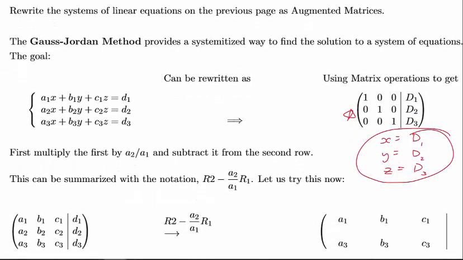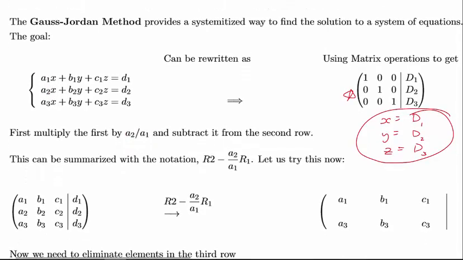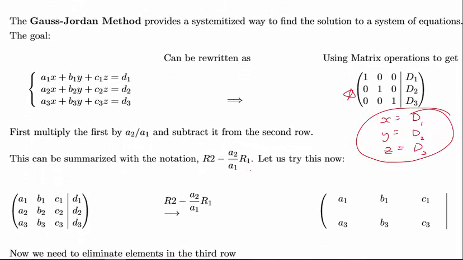So first what we want to do is we're going to multiply the first row, right? Each row represents one of the equations, as you can see. So we're going to multiply the first row by the quantity A2 divided by A1, right? And so we're going to write it like this.